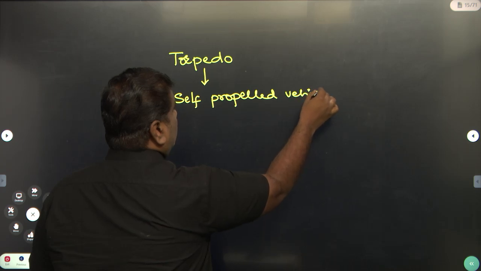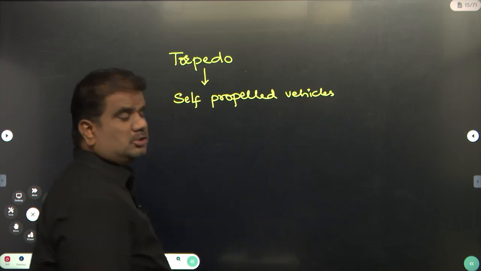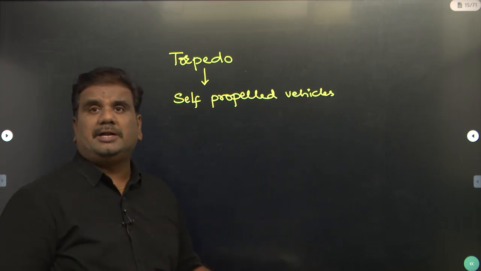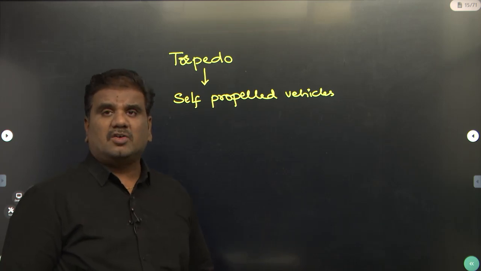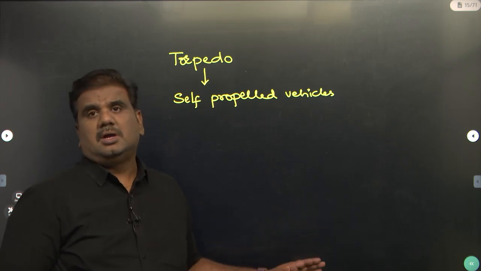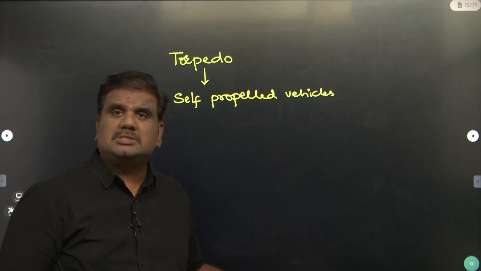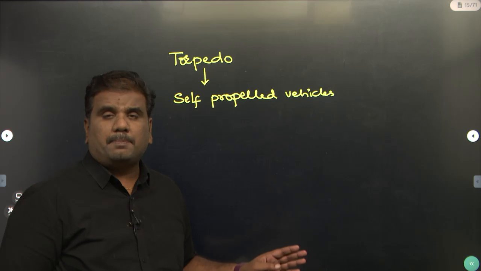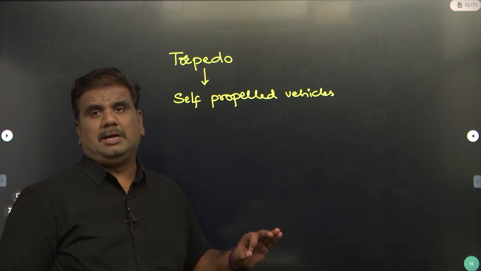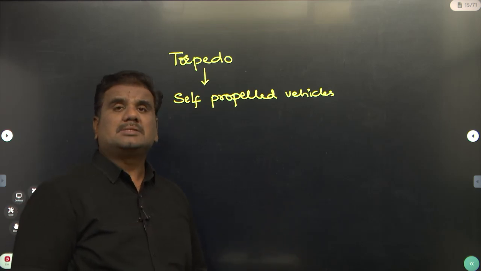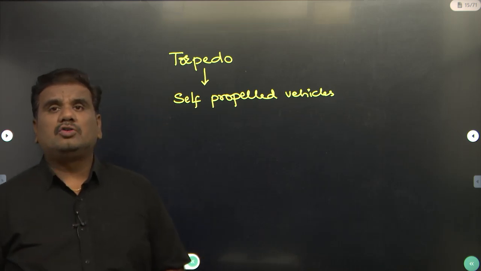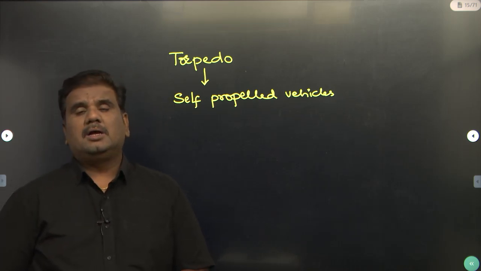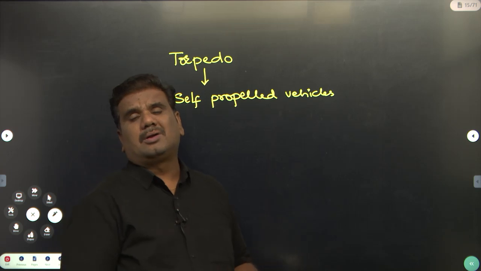It means that in the case of these torpedoes, there is no fuel that is used. In the case of missiles, we have discussed, solid fuels or liquid fuels are used. But torpedoes are self-propelled vehicles. It means that the more pressure you apply, the more distance it will travel.